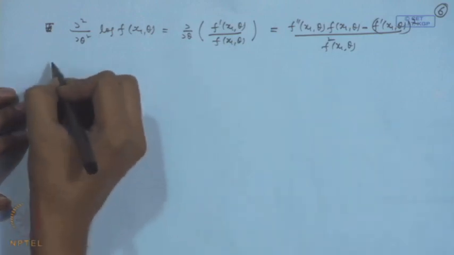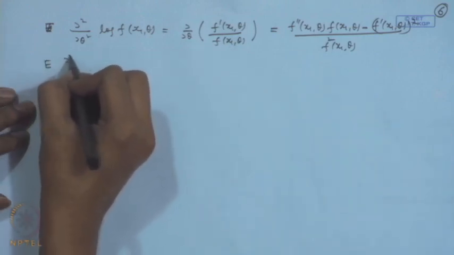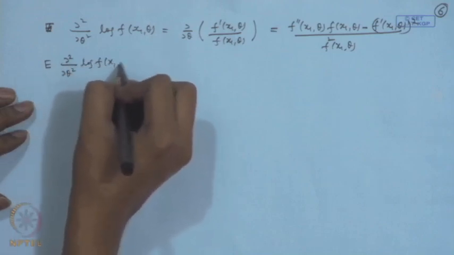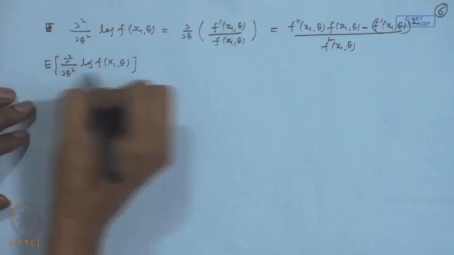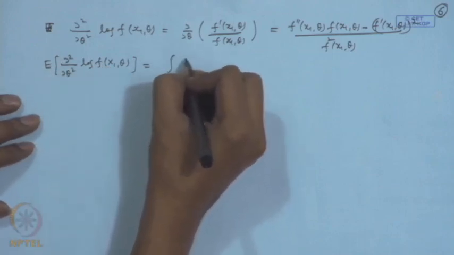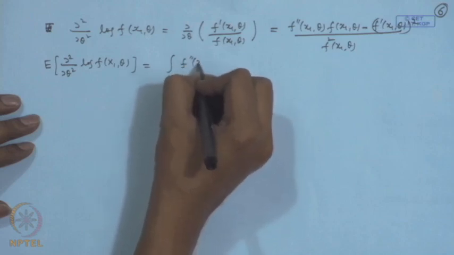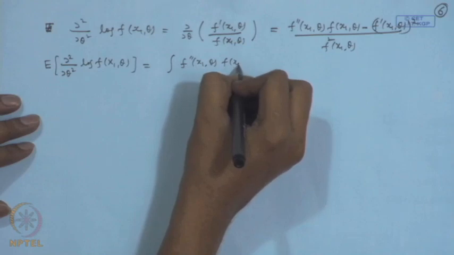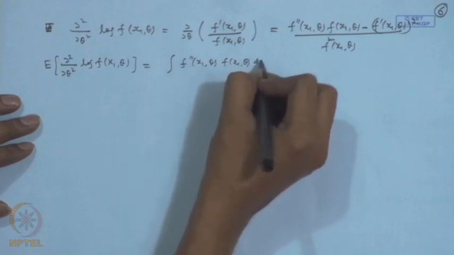So, if we consider expectation of this, that is equal to integral of f double prime x 1 theta by f x 1 theta times f x 1 theta d mu x.